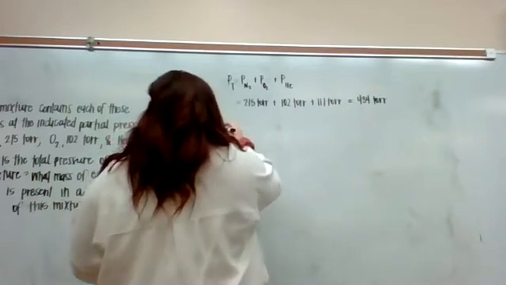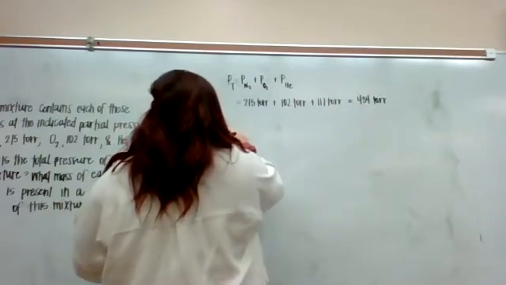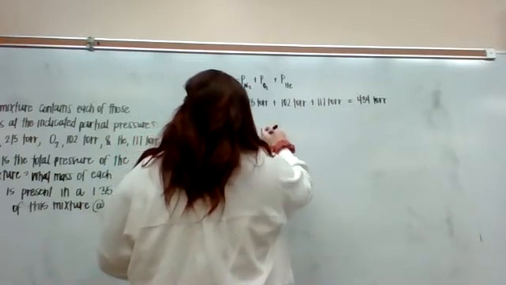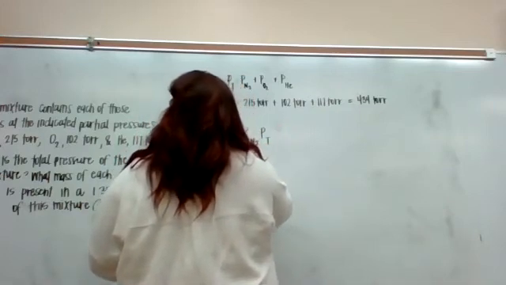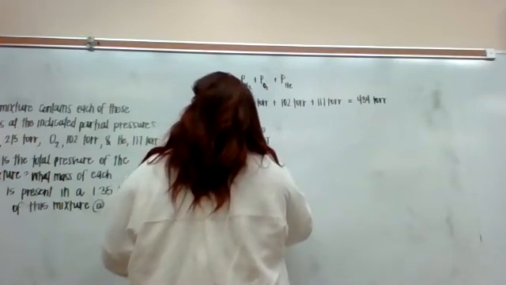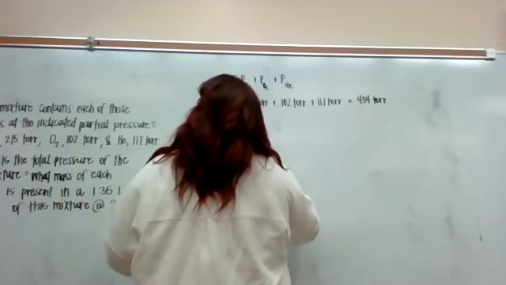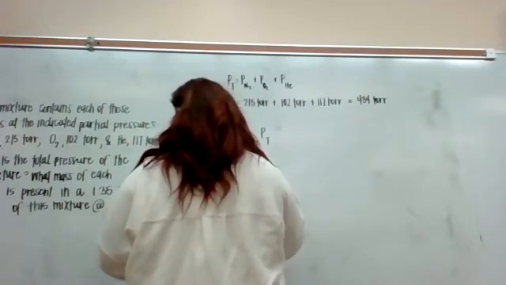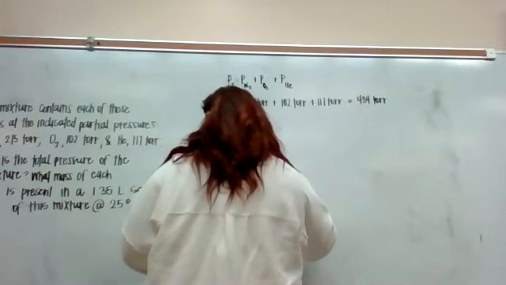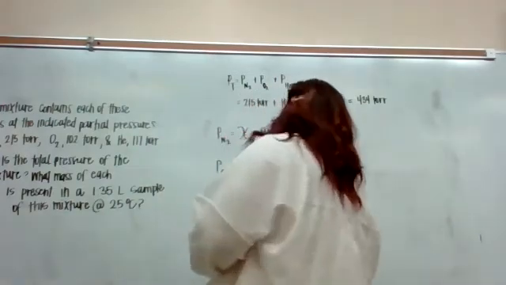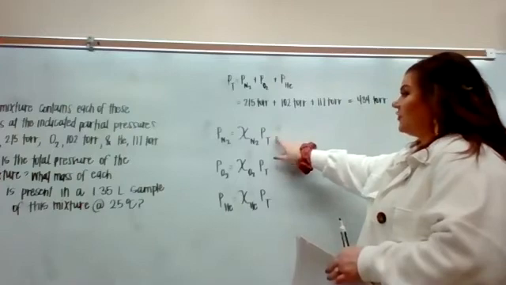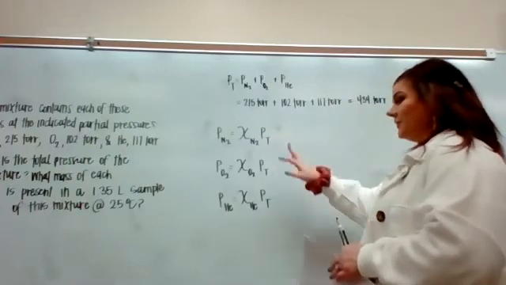So the partial pressure for each of these is found by taking the mole fraction and multiplying the mole fraction by the total pressure.